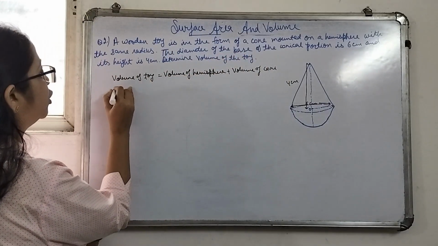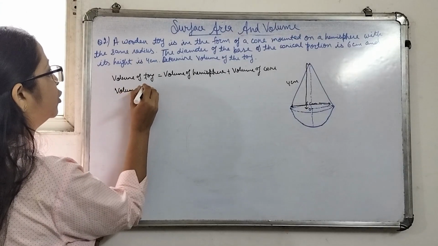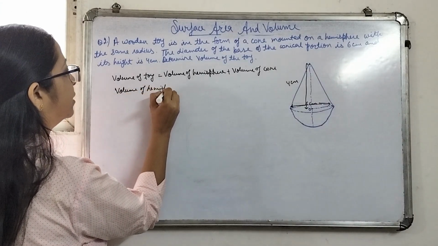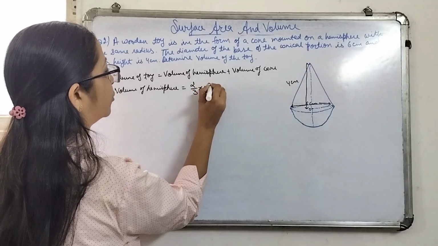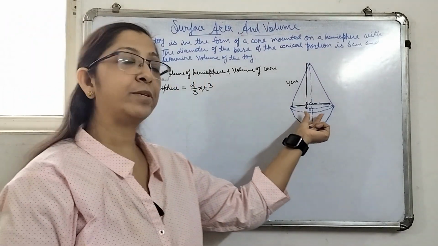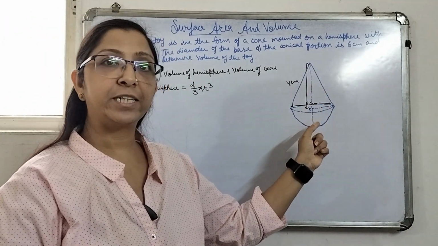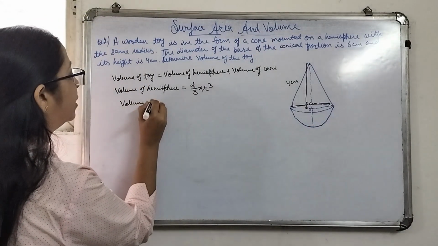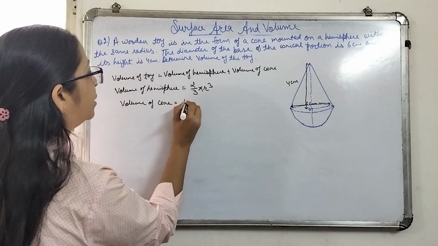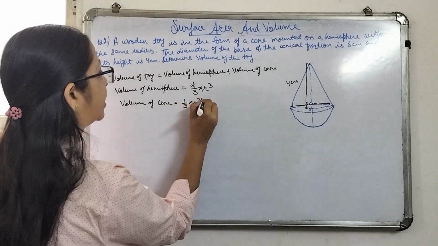We know that the volume of a hemisphere is 2 upon 3 pi r cube. R is the same for both the hemisphere and the cone. And the volume of a cone is given by 1 upon 3 pi r square h.